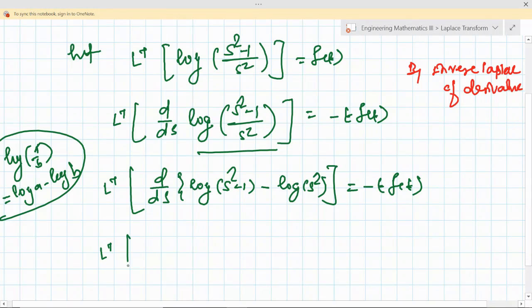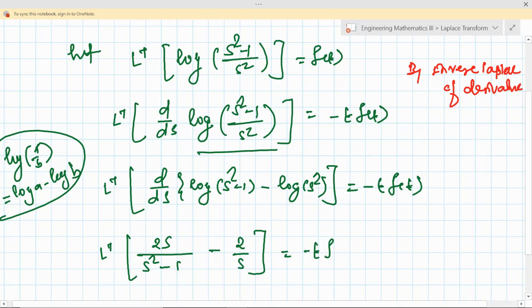So the derivative of this is 1 upon s square minus 1 into 2s. So this is 2s upon s square minus 1 minus, what is the derivative of this? It is 1 upon s square into 2s. Okay, so this is 2 upon s simply. This is minus 2 upon s.